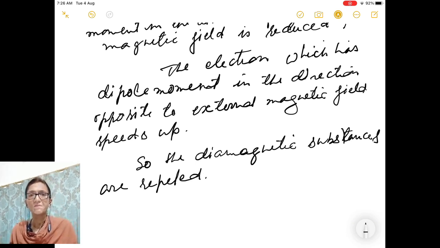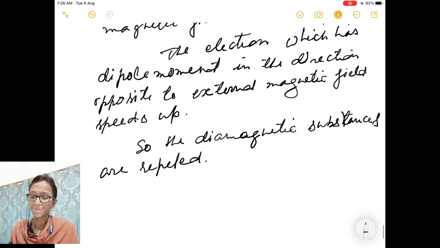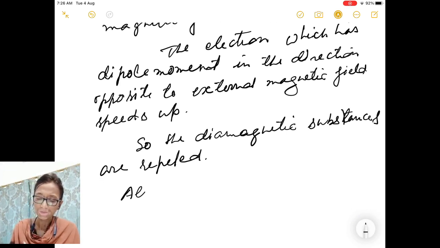Now all substances have diamagnetism, all substances.